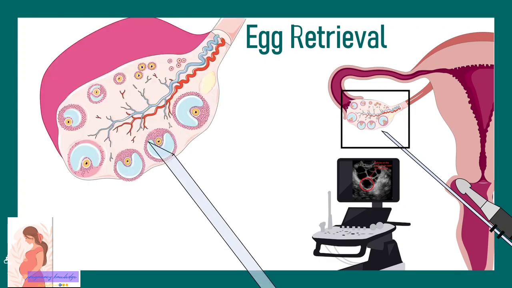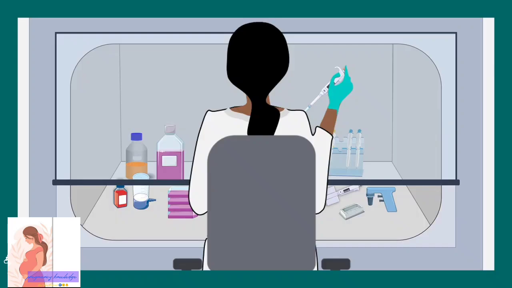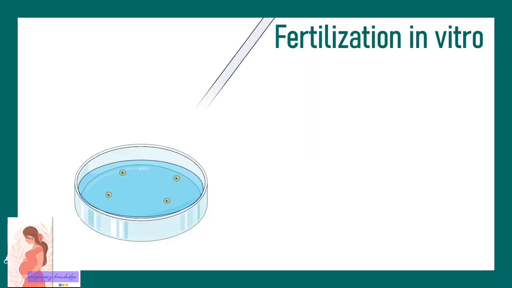Here there are multiple eggs, and the oocytes can be removed using an aspiration needle. After that, in sterile culture settings, these oocytes are cultured. They are placed in a petri dish in a sterile condition.